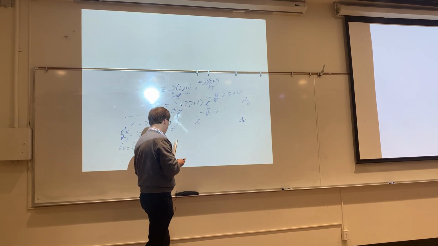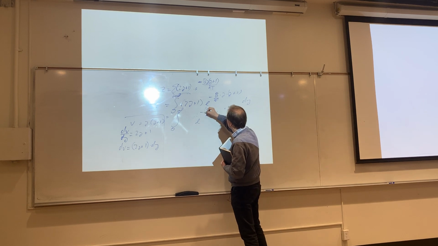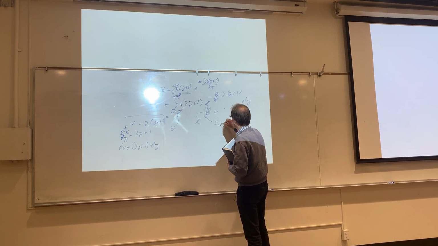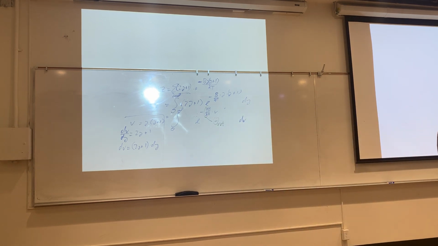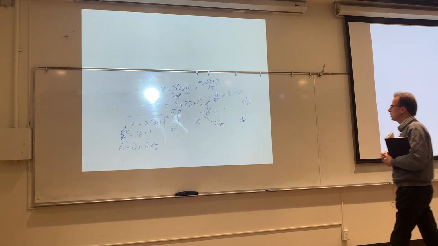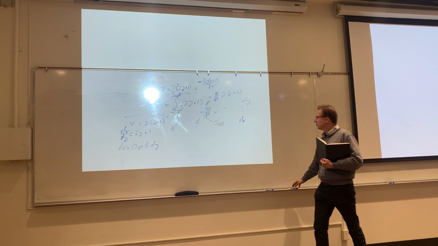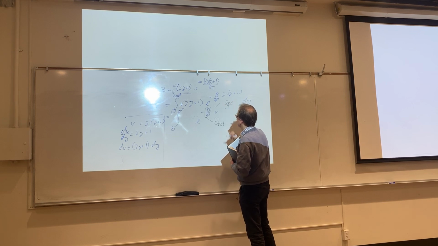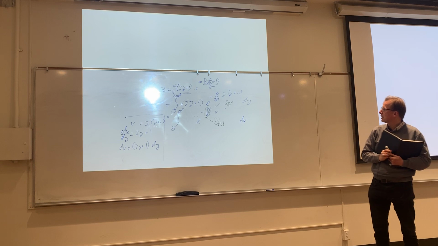So maybe I want to call this B over k theta rot, the characteristic temperature of my rotation. So that really what I have written over there is theta rot over T, right? That's what's written over there.